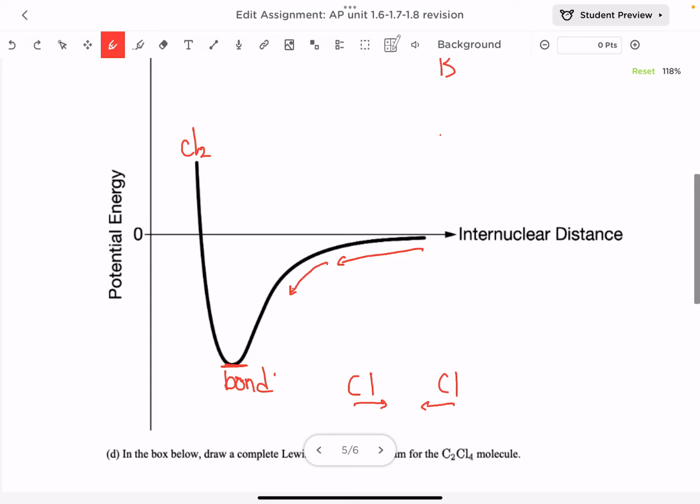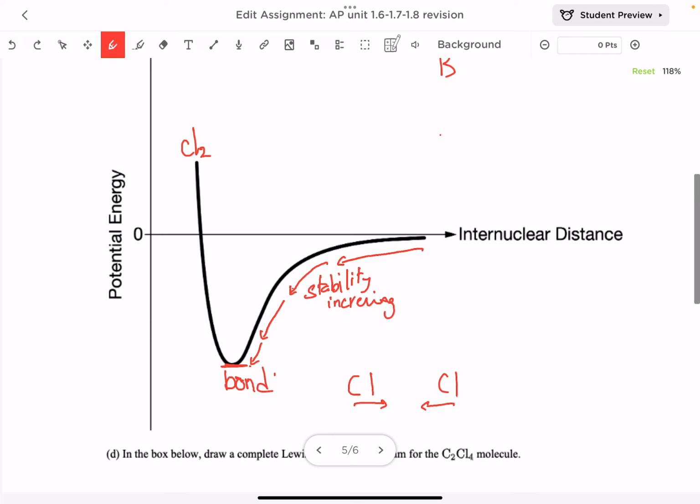Their potential energy is less because they are moving toward increasing stability. And the distance at which they bond is called the bond length. It is here where they bond.